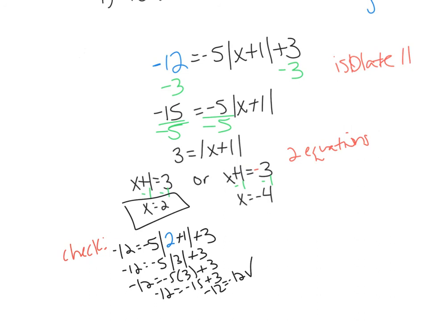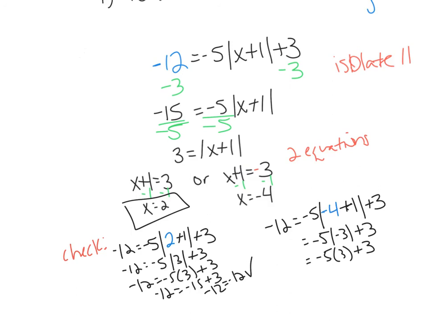And let's do the same thing for the right-hand side. Negative 12 needs to equal negative 5 absolute value. This time we're going to plug in negative 4. So negative 4 plus 1 is negative 3 this time. Absolute value is going to be positive 3.